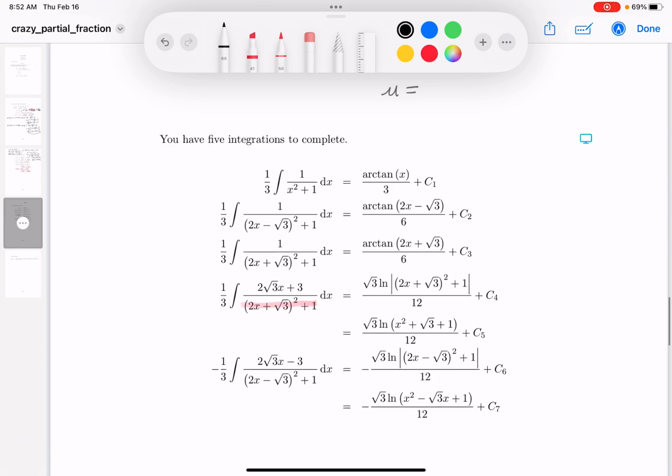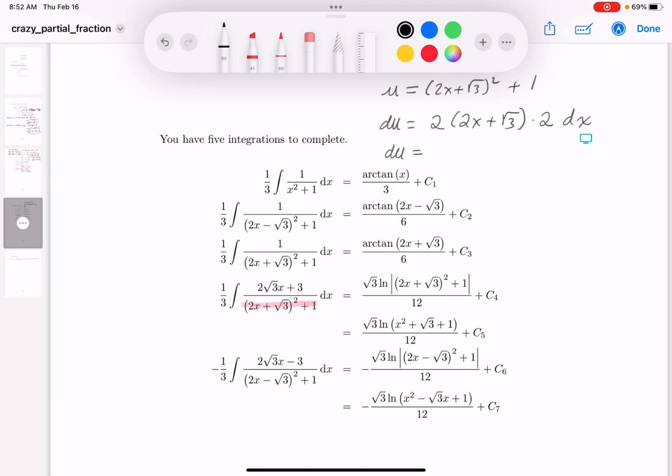So u equals 2x plus root 3 squared plus 1. du equals, let's write this down, 2 times 2x plus root 3, no, I'm doing the derivative, I'm sorry, times 2 dx.